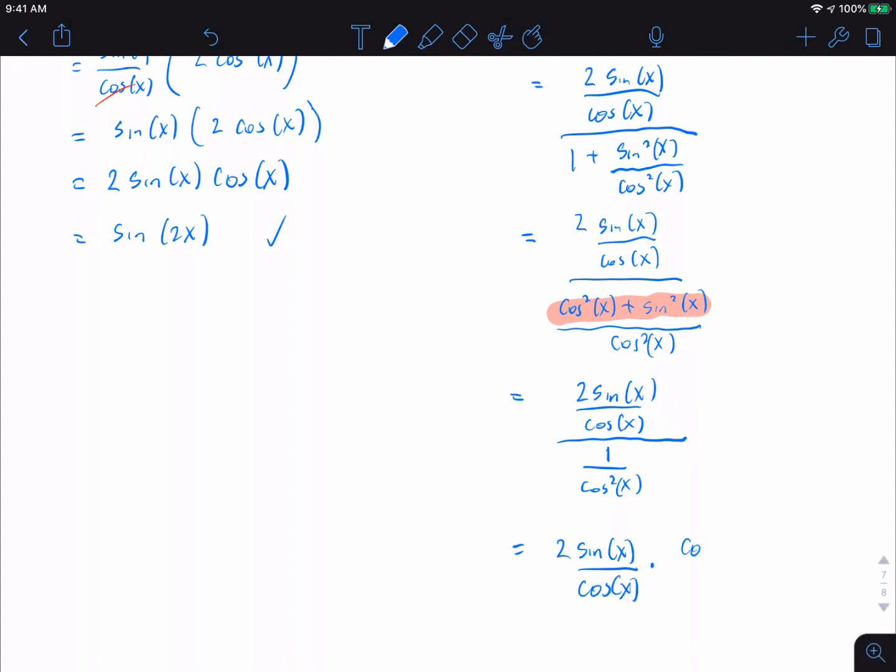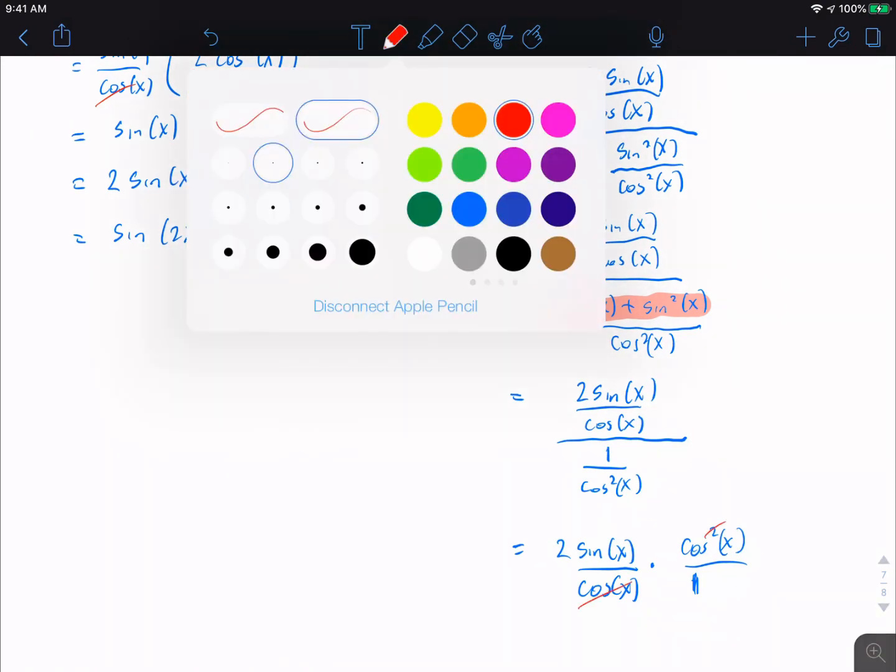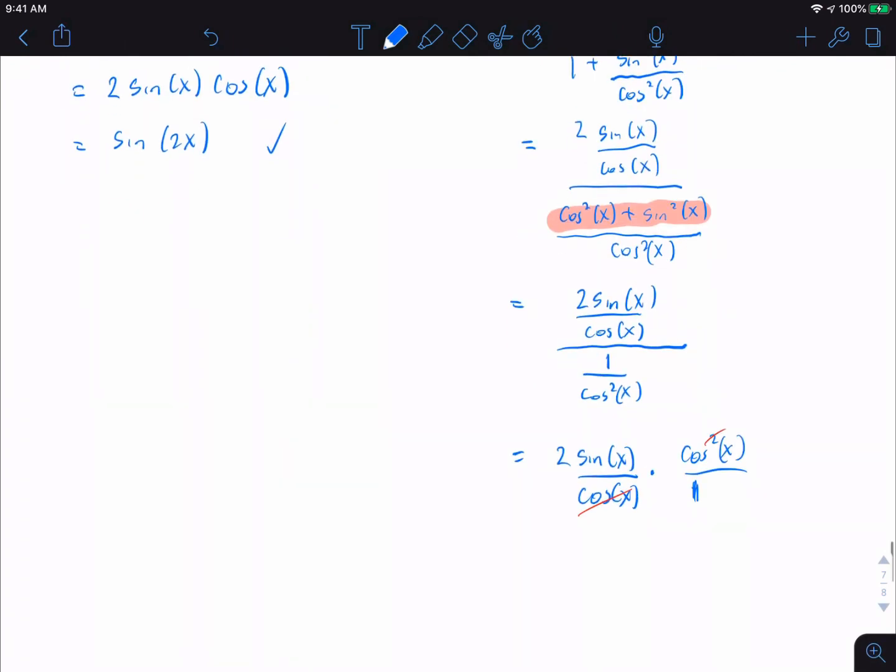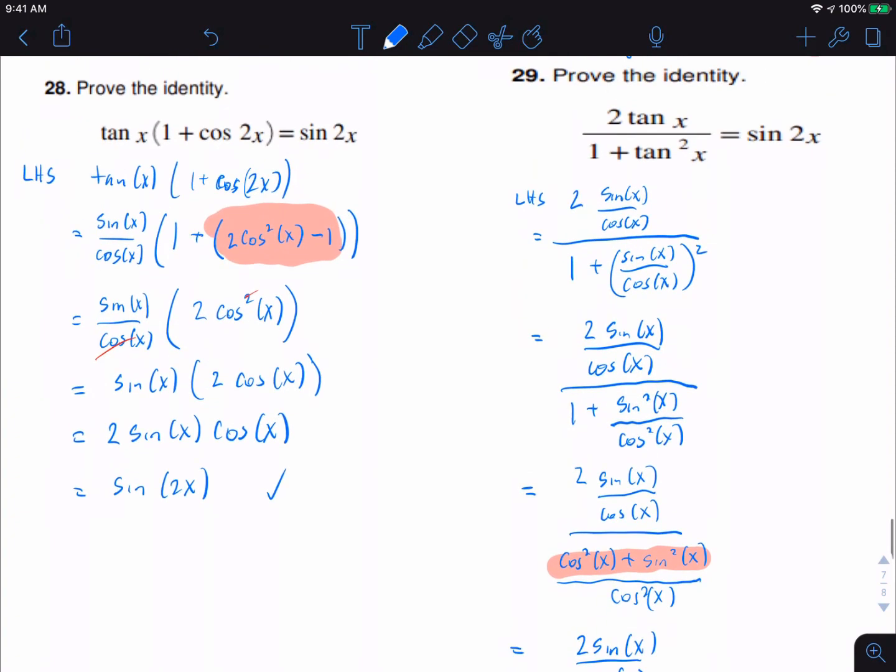And so I'm going to get cosine squared of x over 1. But this cosine is going to take away the square. And so we're going to end up with 2 sine of x cosine of x. And again, it's the same identity. So we end up with sine of 2x, which I believe is that right-hand side. Okay?